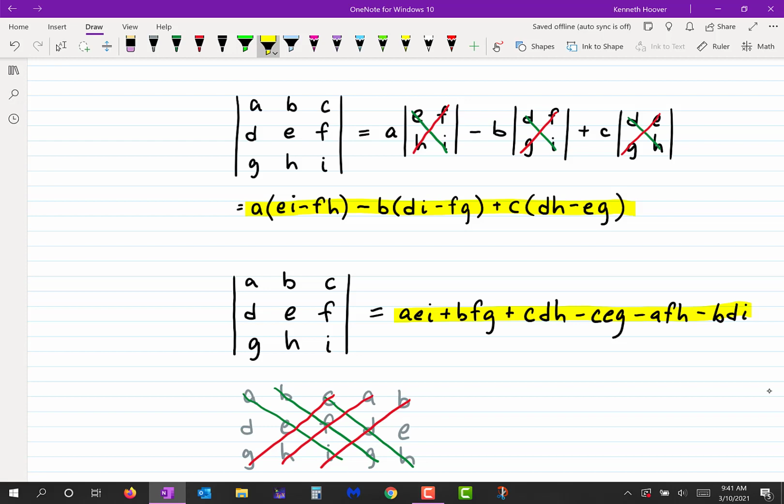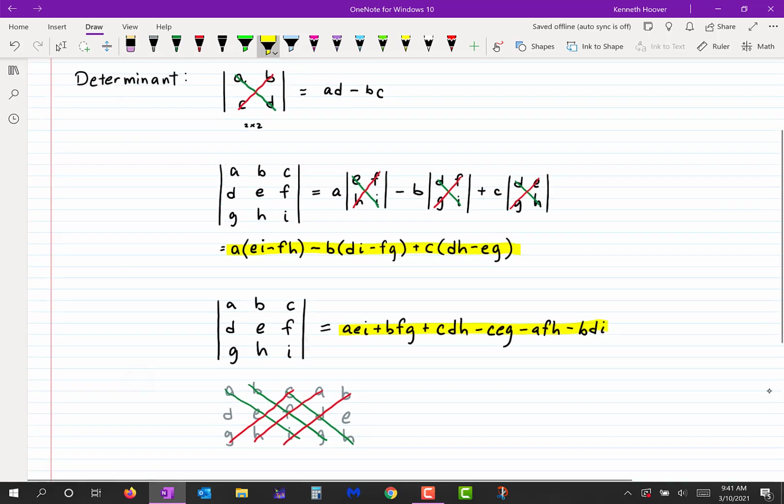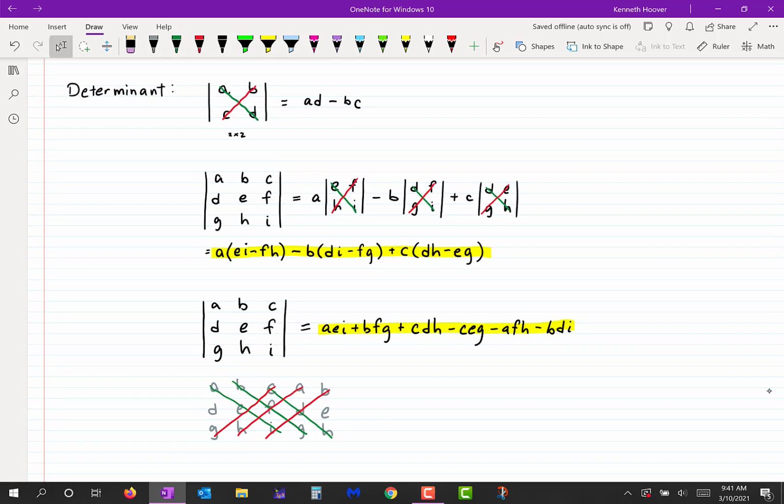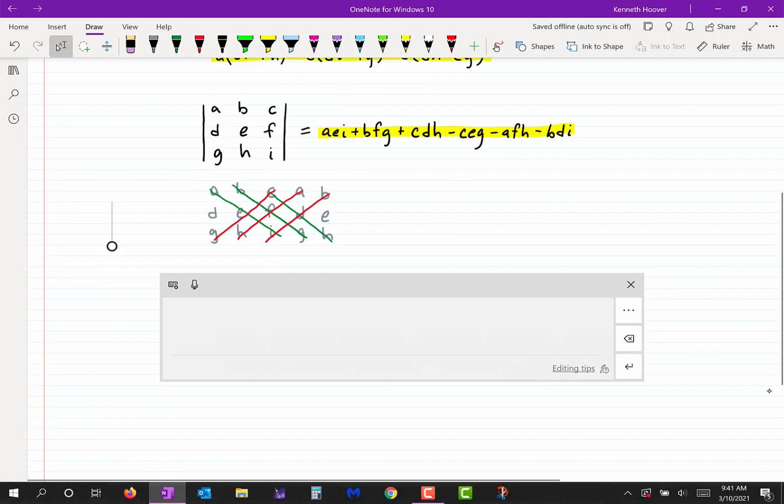Okay, so why are we discussing this now? Because this gives us a very easy way to remember how to do cross products, and it also gives us an easy way to calculate a scalar triple product. Okay, so let me show you how you can write a cross product as a determinant.